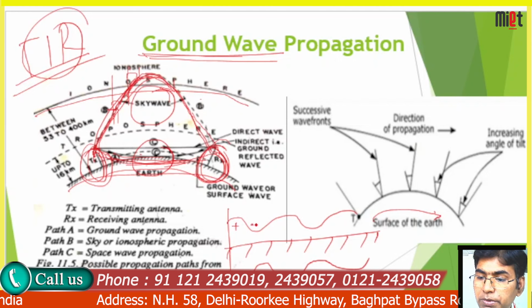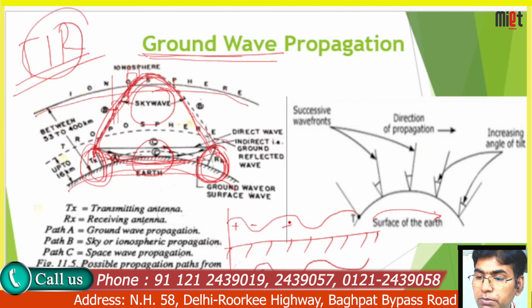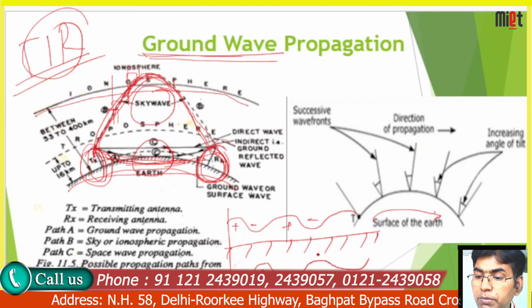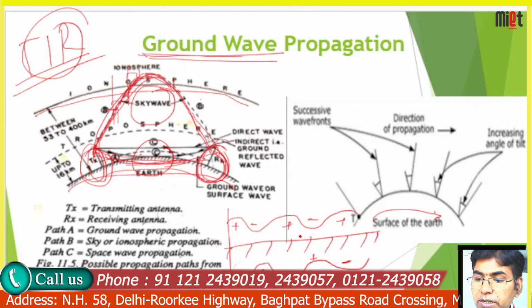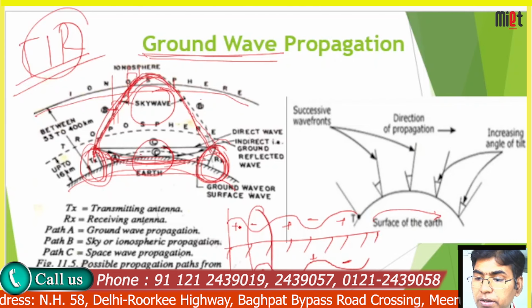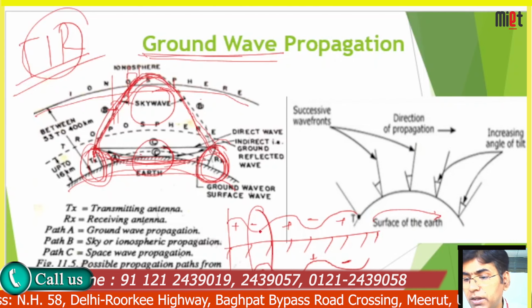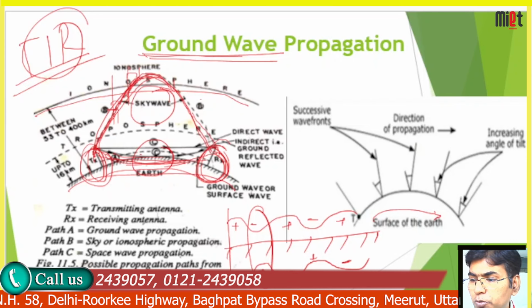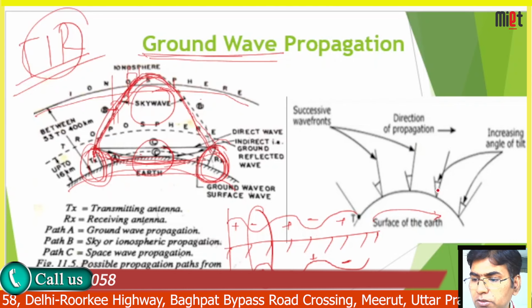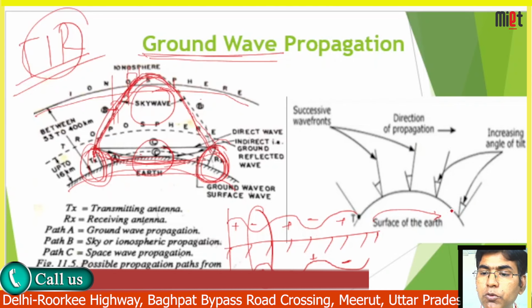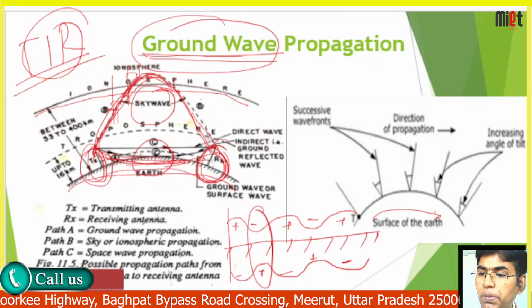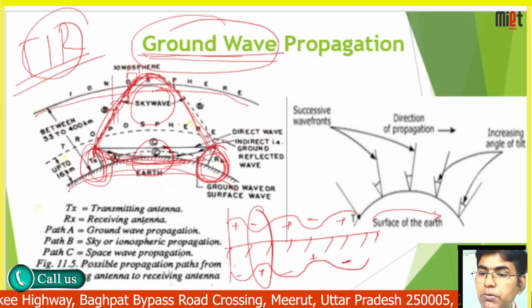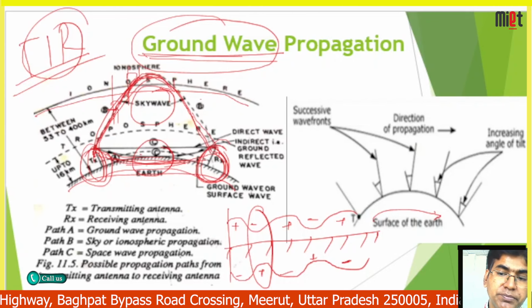So when they are close enough, they will be short circuited, they will combine and eliminate. So due to tilting, the tangential component of the electromagnetic wave gets cancelled, and due to this, the ground wave reduces to zero after propagating a certain distance.